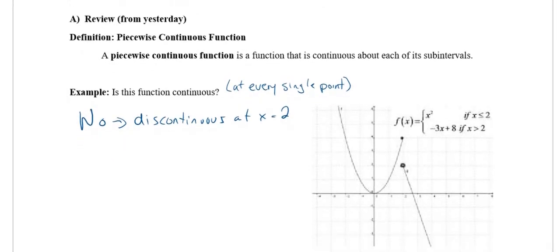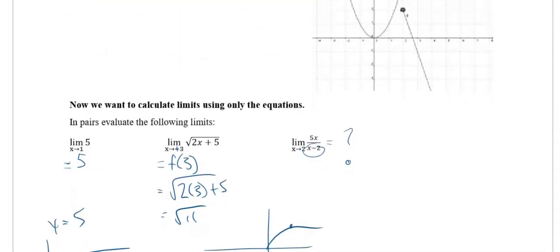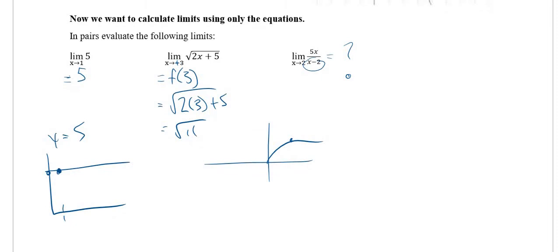This first section here is a review from the last lesson, so if you're not sure about that, check out 4.4, but we're going to skip ahead just to keep this brief. Normally this next section I'd have you do in pairs just to get a bit of practice with these. But essentially the big takeaway is that when you look at these functions, y equals 5 or y equals square root of 2x plus 5, what you should discover is that if the function is continuous, we know that the limit's the same as the function value.